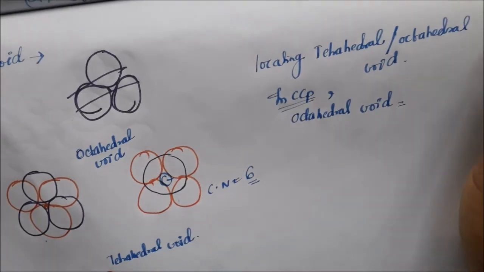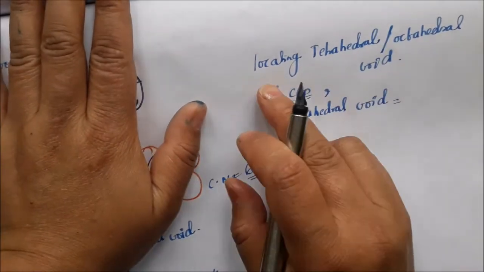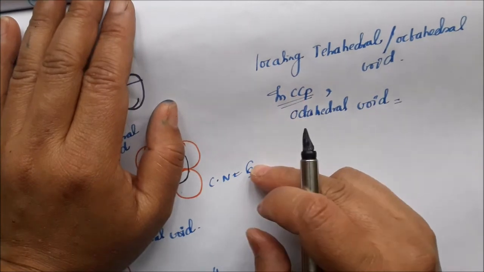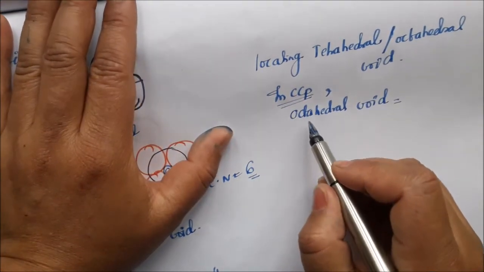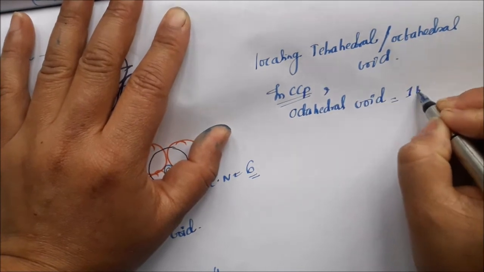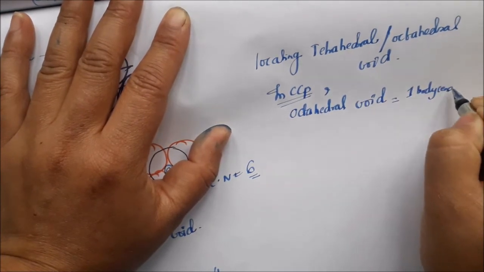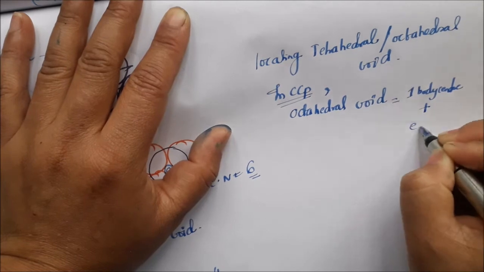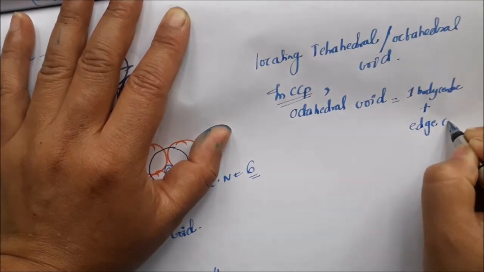Now next, locating tetrahedral and octahedral voids in the cubic close packed pattern. In the cubic close packed pattern, the octahedral void is located at the body center and at the edge centers.